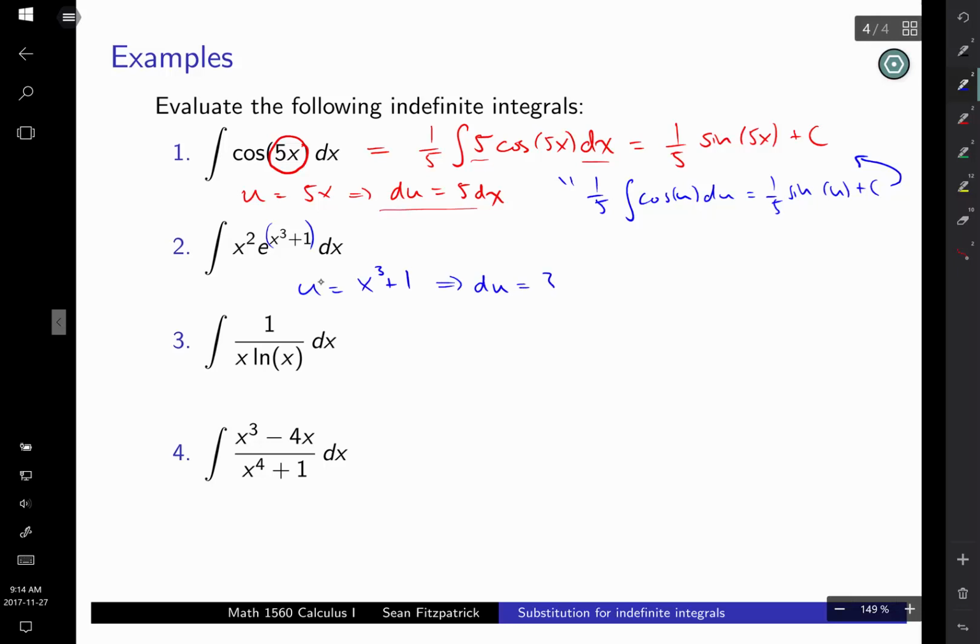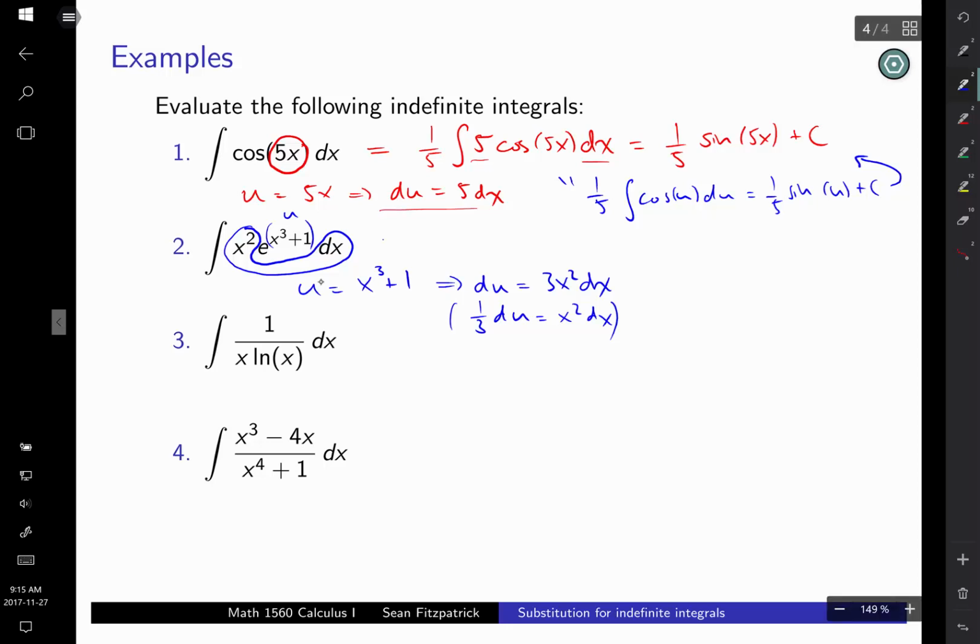du is going to be 3x squared times dx. And again, I could divide both sides by 3, so 1/3 du is x squared dx. And I say, okay, x squared dx, I have that sitting right there. So this is my u, so that's e to the u. The x squared dx is 1/3 du.